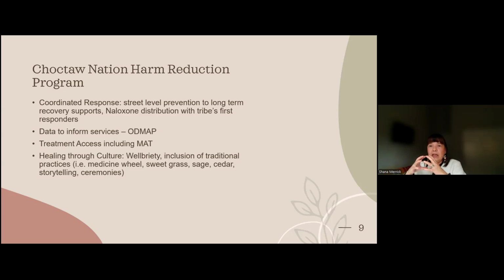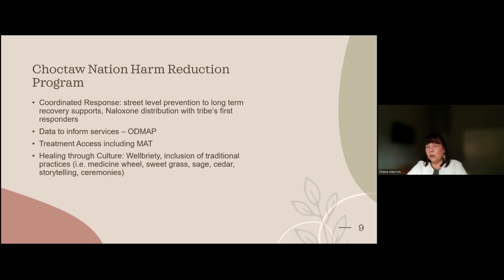The tribes function as sovereign nations in and of themselves. And I say this because it makes pharmacy management challenging. Getting the medication available and on the shelves, there's a different regulatory process that you go through. So that was something they wanted to ensure they could address, so that they could have access to medication within their health clinics.